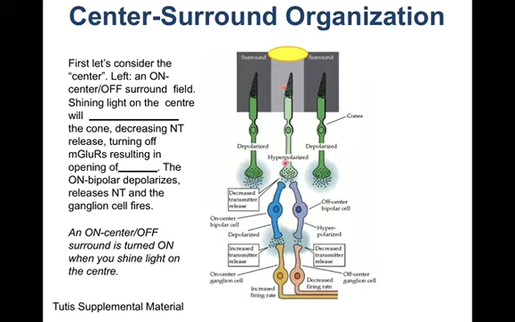You hyperpolarize the cone, you decrease neurotransmitter release, you decrease mGluR activity, you open TRPM1 channels, the bipolar cell depolarizes, increases glutamate release onto the ganglion cell, and increases firing in the ganglion cell. And this figure I've taken from the Tudis supplementary material. It's quite good in its descriptions of what's going on here, so do reference that if you need an alternate explanation.